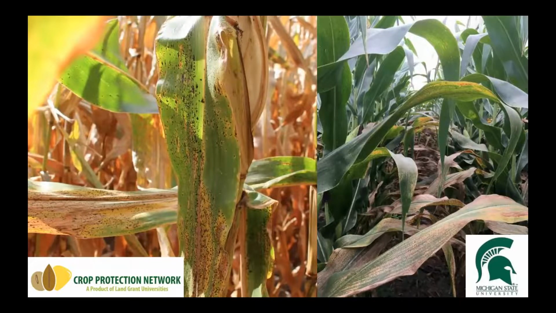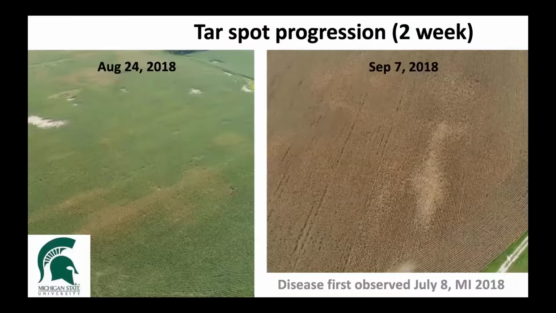You can see again these blighted leaves, and what really comes across is these black shiny fungal bodies called stromata. And one thing that's rather remarkable about this disease is that its tendency in the Midwest has been to occur fairly late in the season during the grain development period.